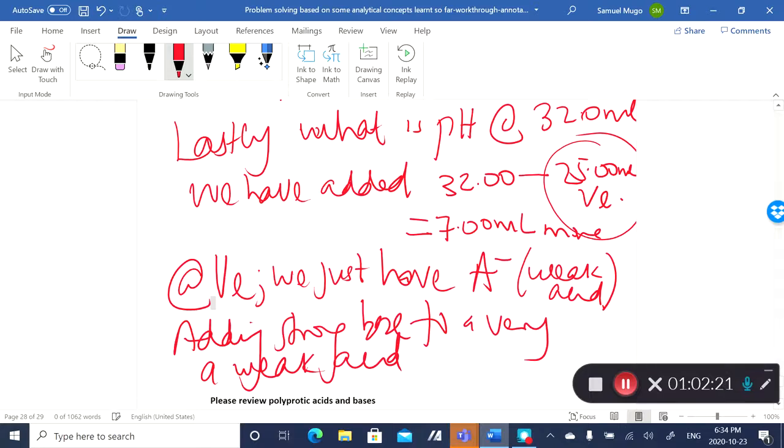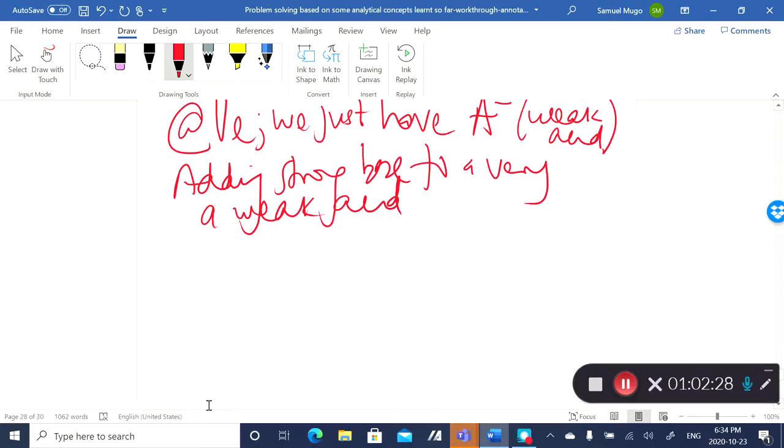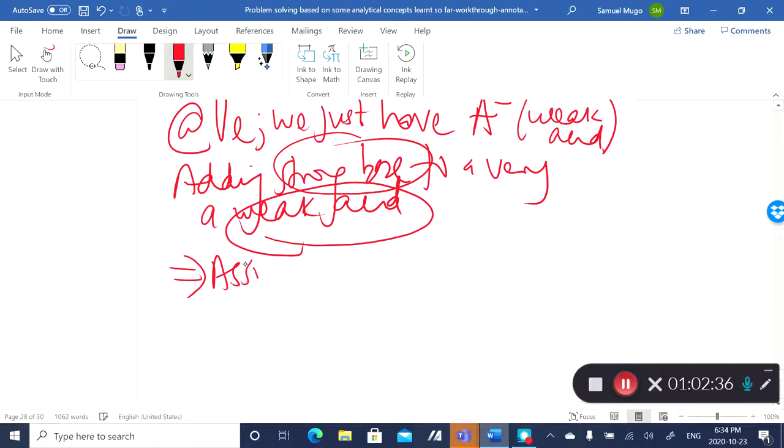Okay. Meaning we can simply neglect the effect of the weak base and just imagine we are adding strong base to water. So just assume, which is true, we are adding OH to water.